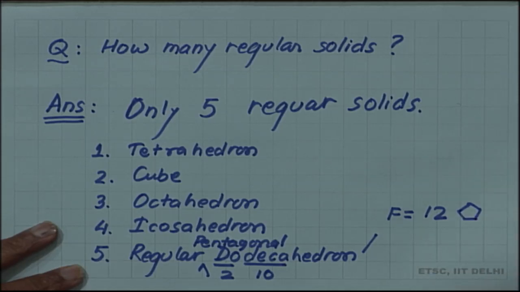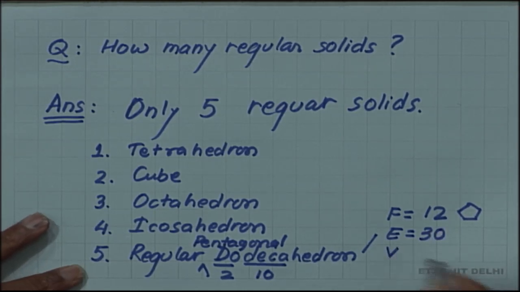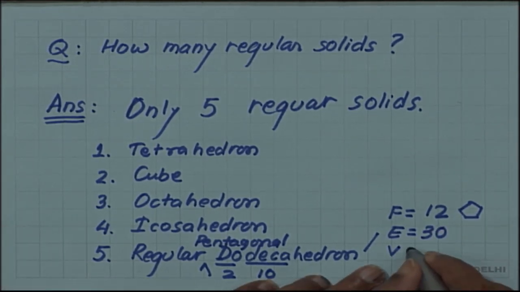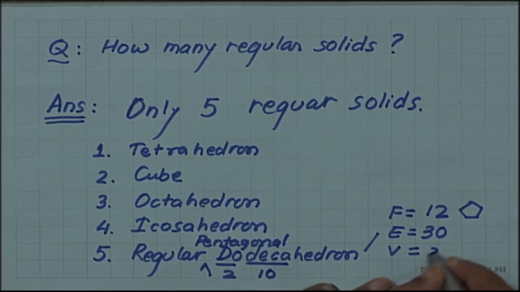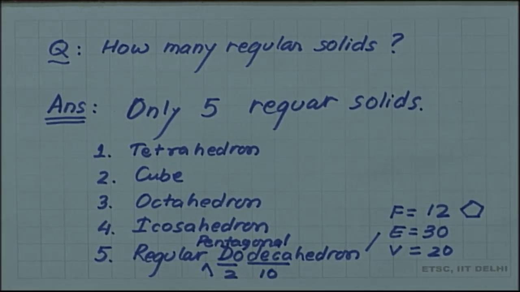So, 12 pentagons, edges are 30 and vertices are 20. So, 20 corners, 12 faces and 30 edges. This is a regular dodecahedron.